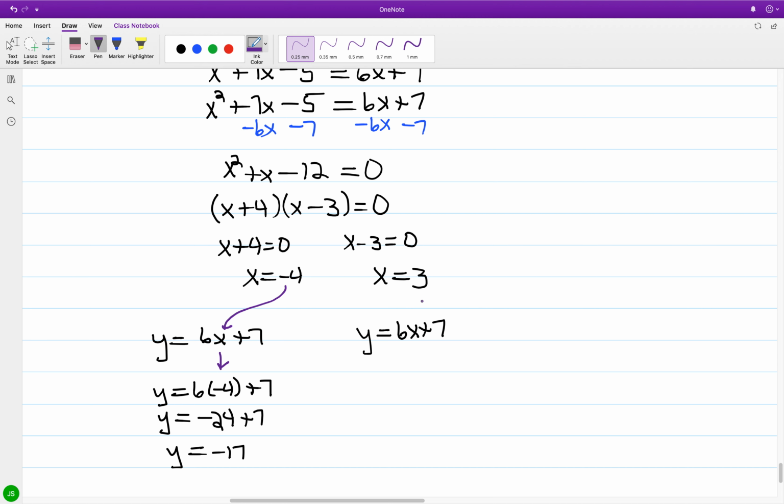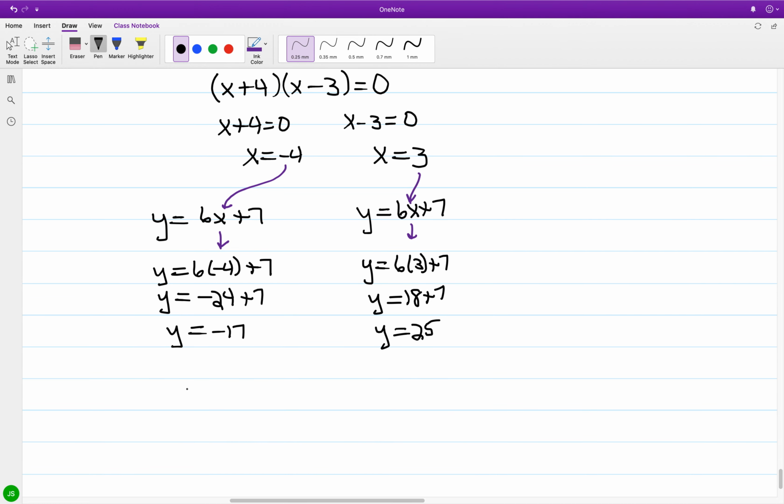On the other hand, if x is equal to 3, it follows that for y equal to 6x plus 7, y is equal to 6 times 3 plus 7. 6 times 3 is 18, plus 7, so y is equal to 25.